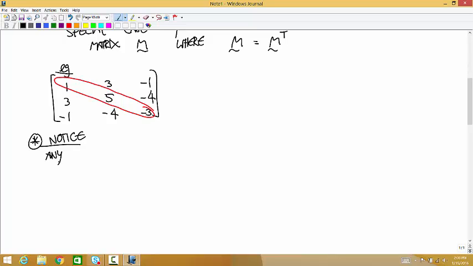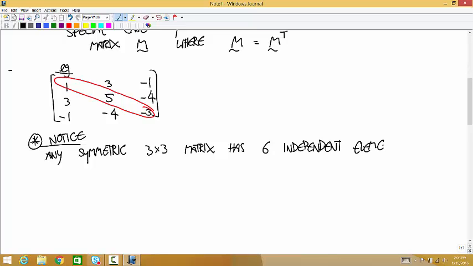It's worth keeping in mind that any symmetric 3 by 3 matrix has 6 independent elements. The matrix has 9 elements, but 3 of them have to match the other 3, so it's 6 independent elements.